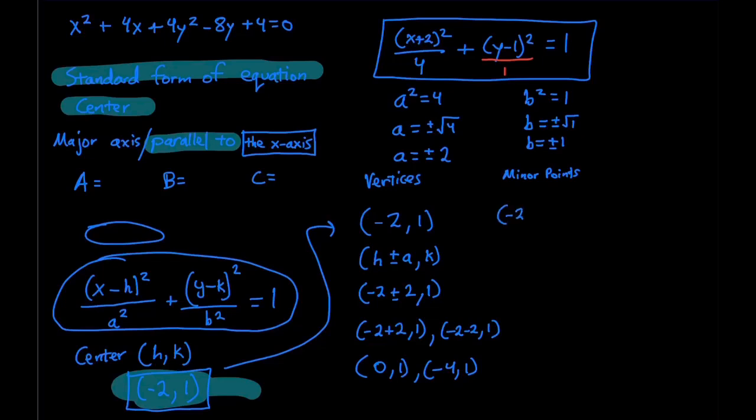You still start with the center, but instead of h, you'd be adding it to the other one. So if you added it to h for the vertices, you have to put it to k on this part with the minor points. And so this would be -2, 1 plus or minus 1.